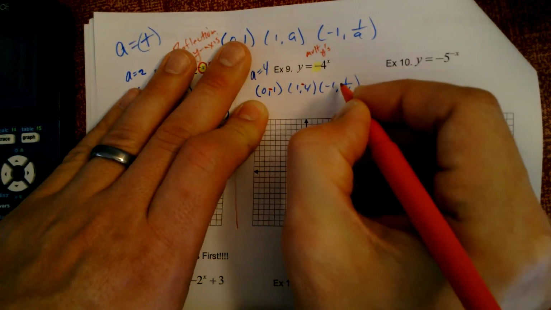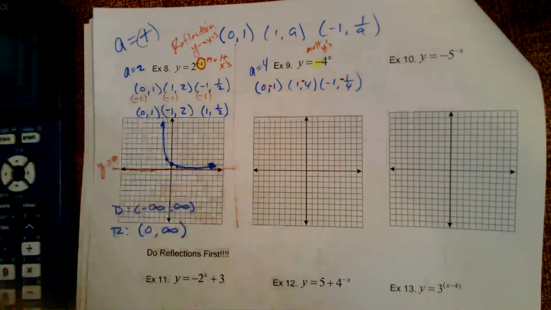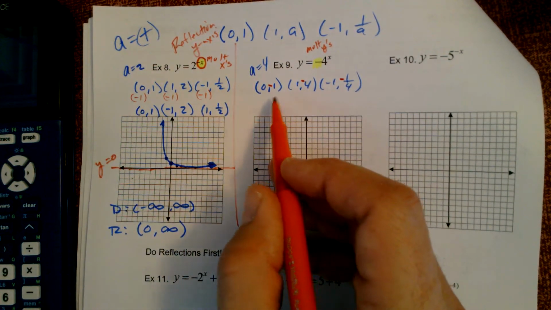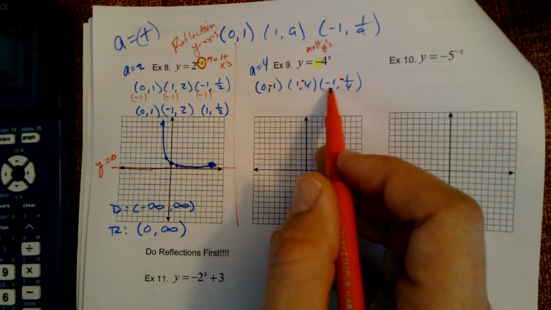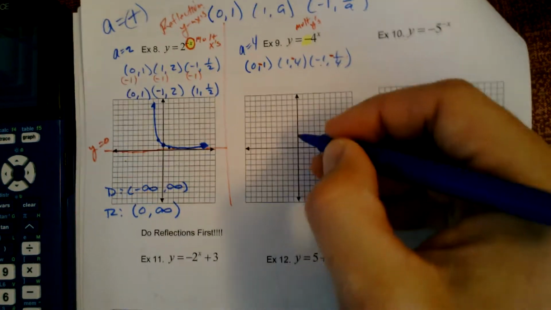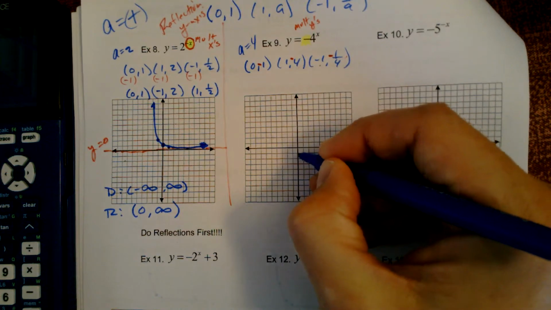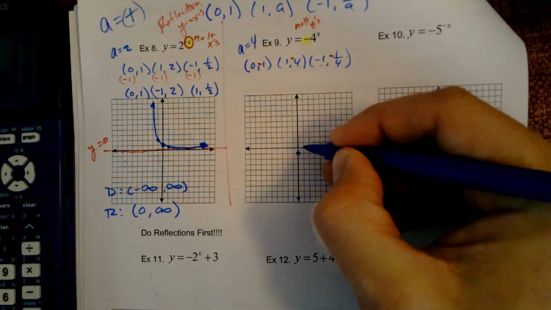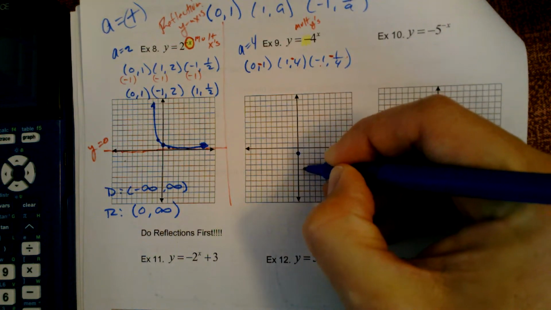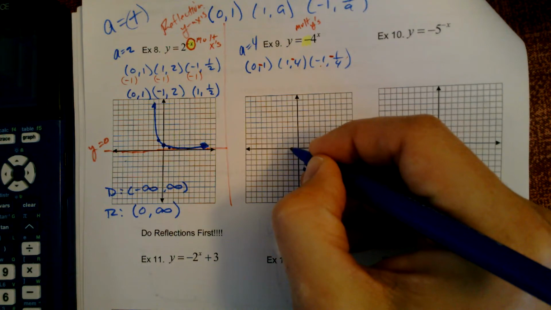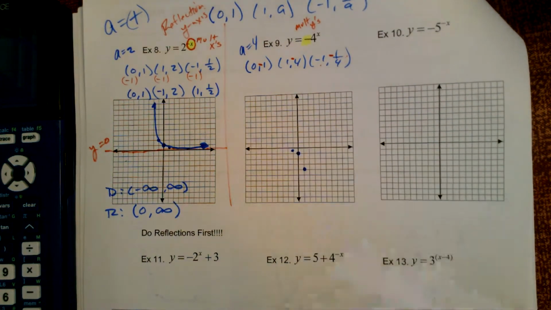Now this is pretty easy to do, just putting little negatives up there. So now instead of (0, 1), I have (0, -1). I have (1, -4), and I have (-1, -1/4). So this thing has been flipped down here. This one at 1/4 is now at (1, -4), and then (-1, -1/4).